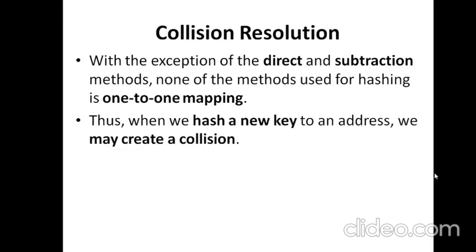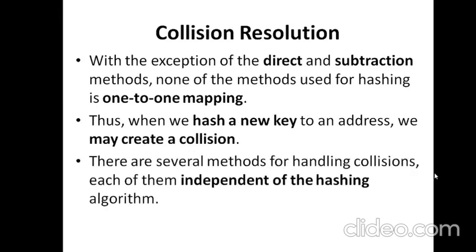So we have to do some collision resolution implementation. Whenever we hash a key to an address, we may find a collision there. These techniques are independent of the hashing algorithms. The hashing algorithms which we discussed earlier, whether direct, subtraction or modulo division, are the primary algorithms when we implement hash search.